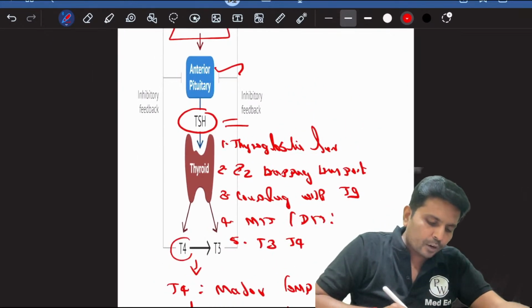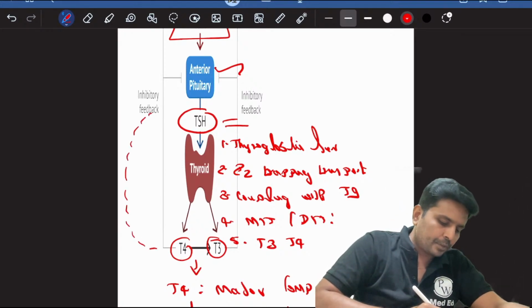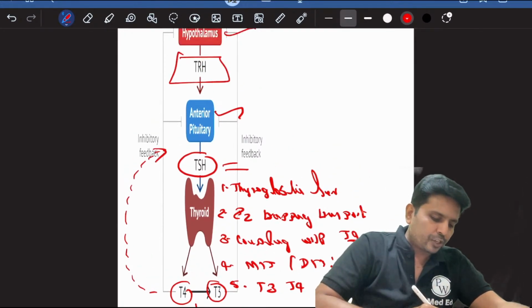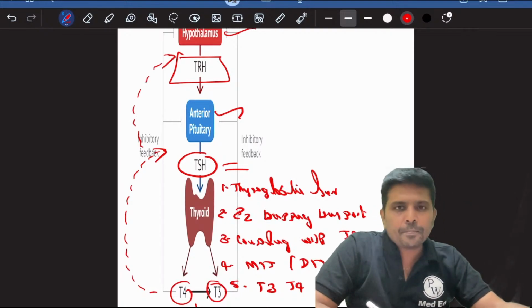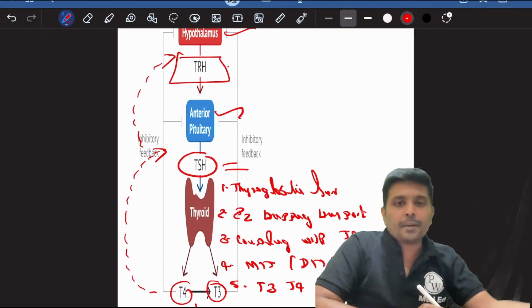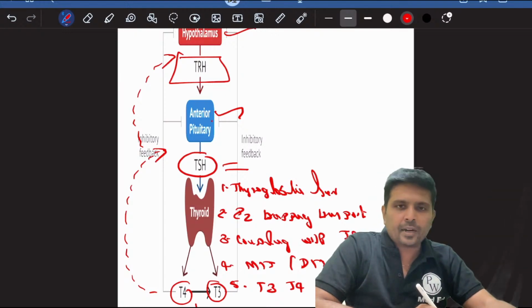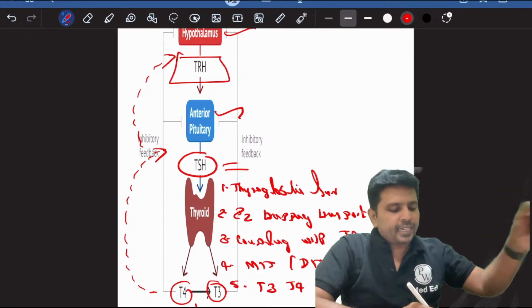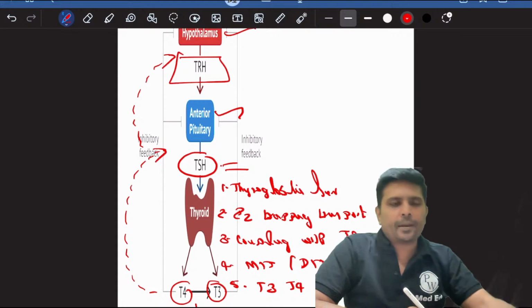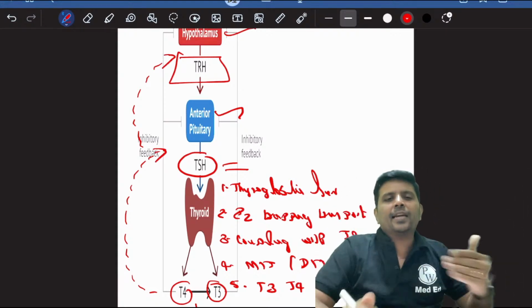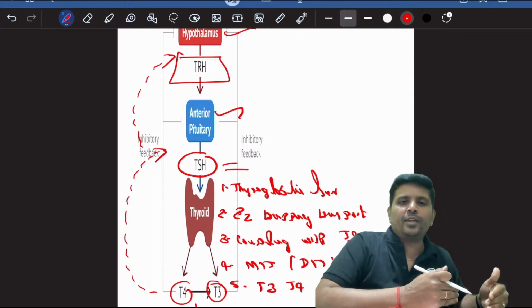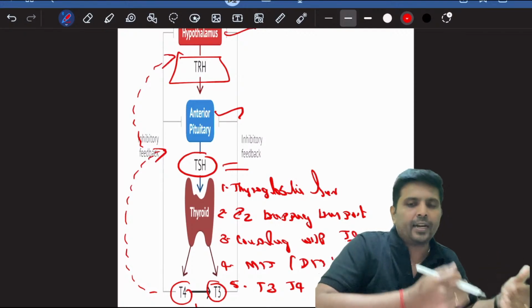Remember, T4 and T3 have a negative feedback mechanism on TSH production and on TRH. So what does it mean? TRH has a positive influence on the anterior pituitary, and TSH has a positive influence on the thyroid, whereas the end products T3 and T4 have a negative influence on the anterior pituitary and hypothalamus.